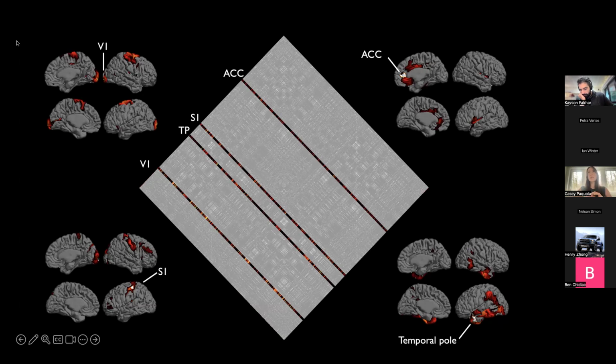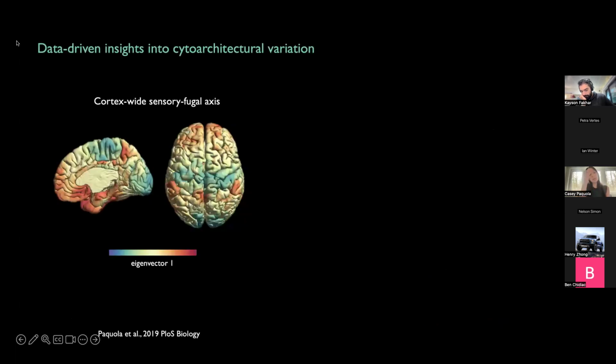So to better understand the general pattern of this, we performed diffusion map embedding. You can think of this as kind of like a nonlinear principal component analysis. And we were first interested in the first component, and that's what you see here. So this is the first eigenvector. More similar colors mean that you're more similar in terms of your cytoarchitecture.